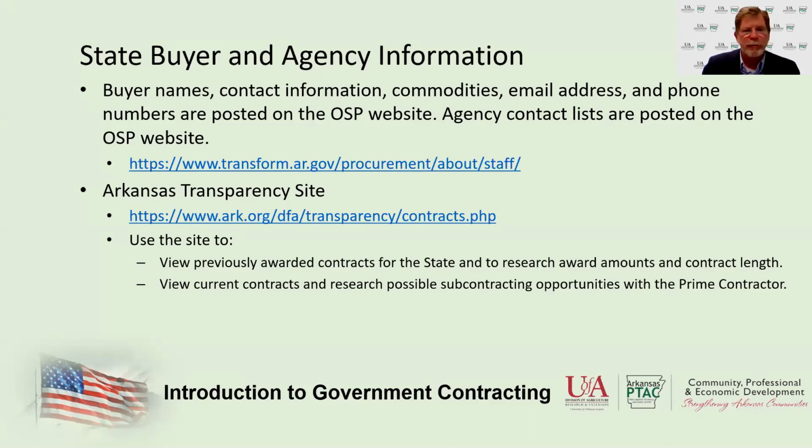You can research your competition. You can research old contracts. It is a wonderful vehicle for research and to understand how much money or revenue may be out there for you to gain. Again, we'll help you navigate that and show you the ins and outs of how that program works. And if you would like that list of procurement buyers for the state of Arkansas and the agencies, just let us know and we'll get that to you also.